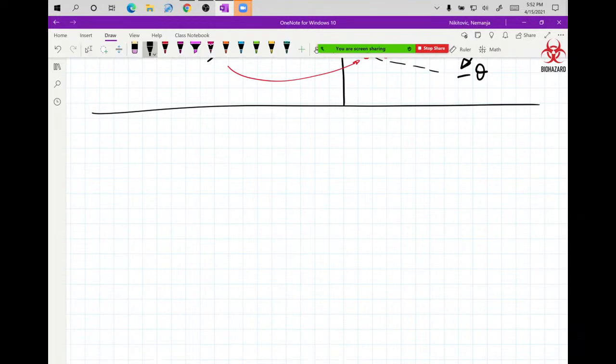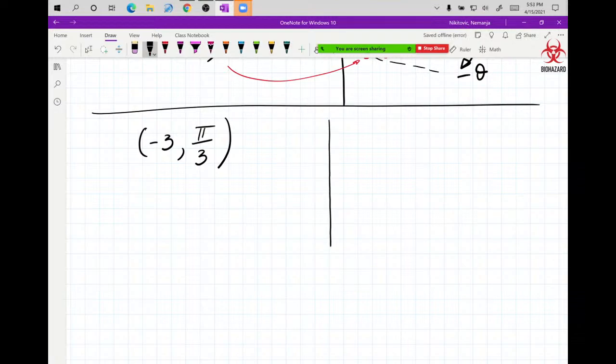Now, can you have a negative radius? The answer is yes. Negative 3 and pi over 3, doesn't matter. Now what you need to know is that your graph is supposed to start on the left side because r is negative in this case. So 1, 2, 3.